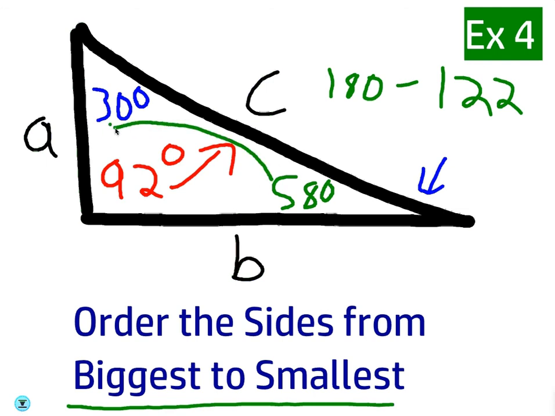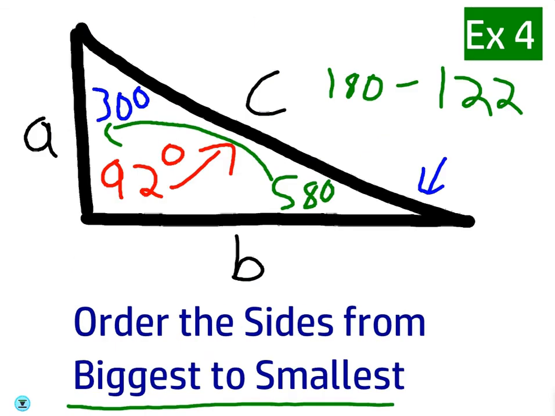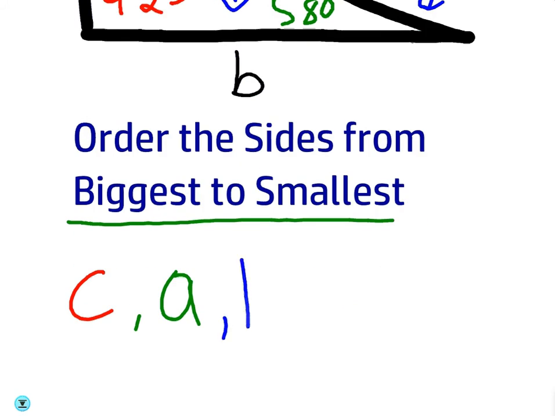Opposite of that would be A. And then finally, the smallest angle is 30. Opposite that is B. That's all this lesson is, just seeing the relationship between the sides and the angles.